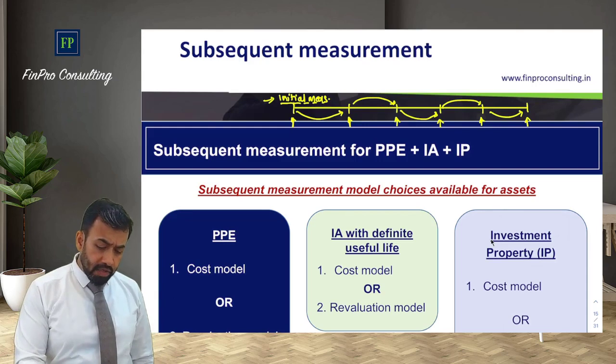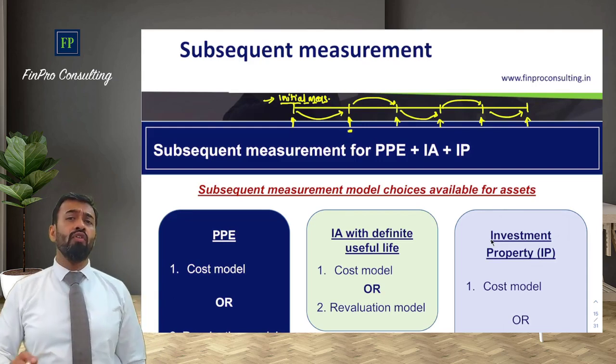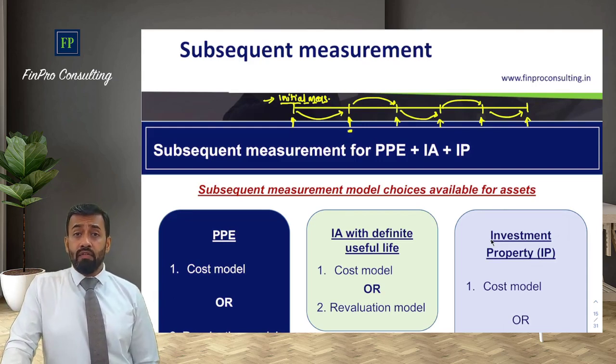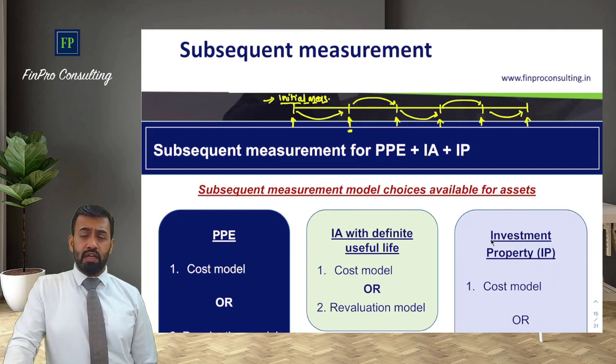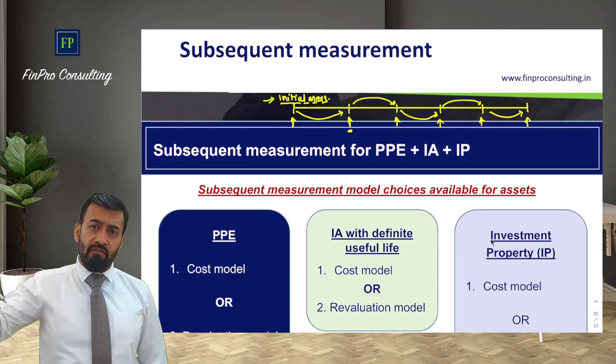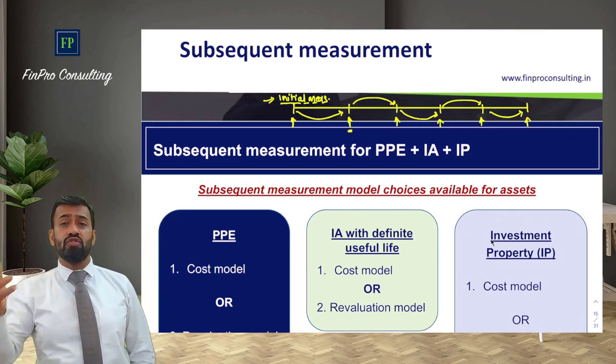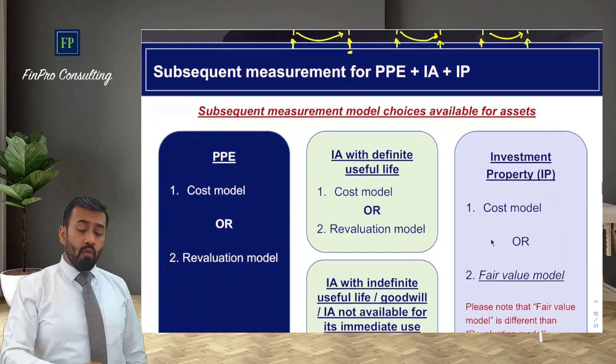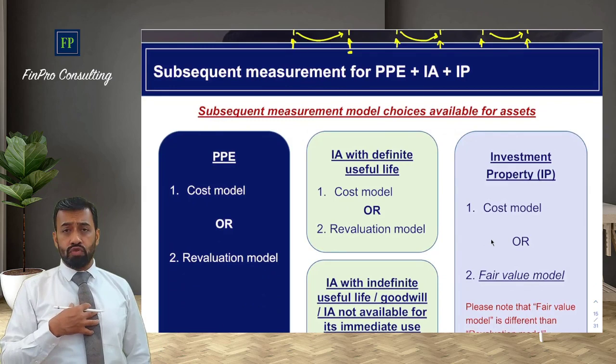This is not expenditure. This is just a carry forward. Let's say you are not incurring any additional expenditure subsequent to initial measurement, but subsequently you have to measure it. You have to charge some cost to the profit and loss account for the usage of that asset. Those are the methods for subsequent measurement that we are going to see.